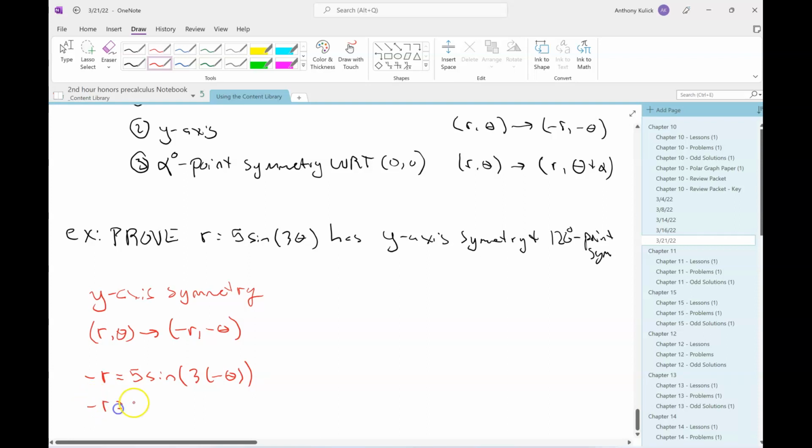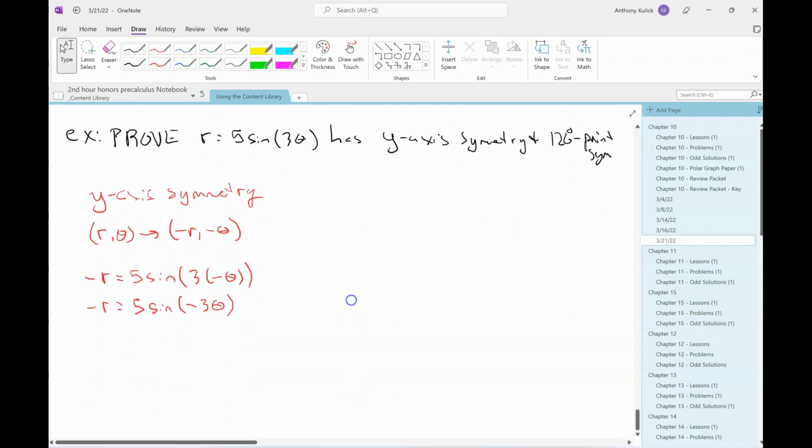So I noticed that 3 times negative theta is just negative 3 theta. Everybody agree with that? So far, so good? I notice now an identity that I can use. Does anybody notice the identity?